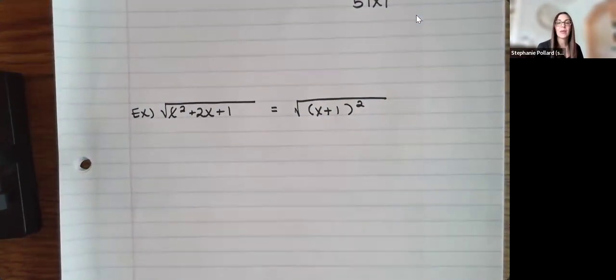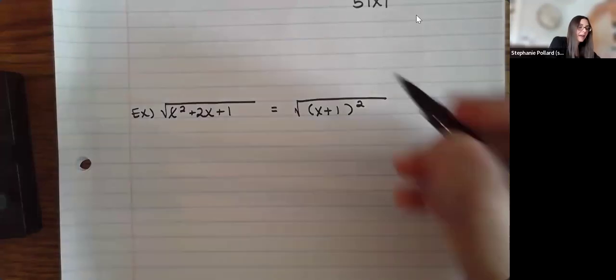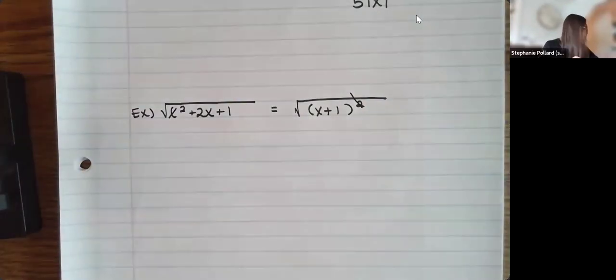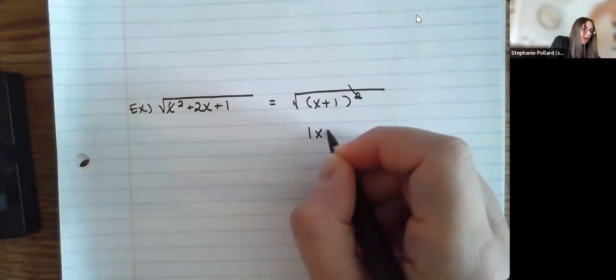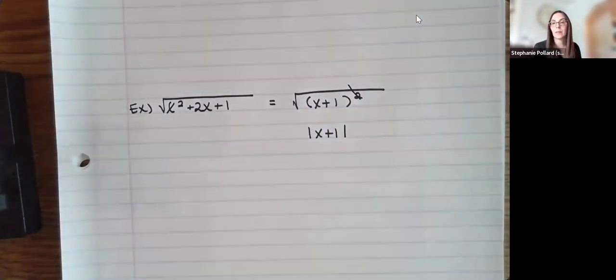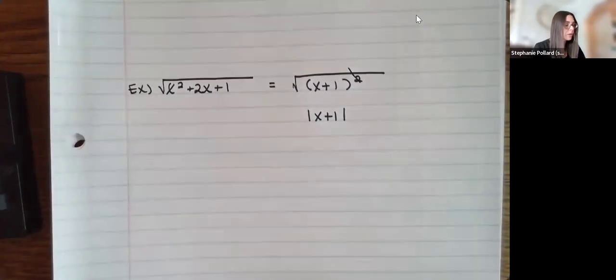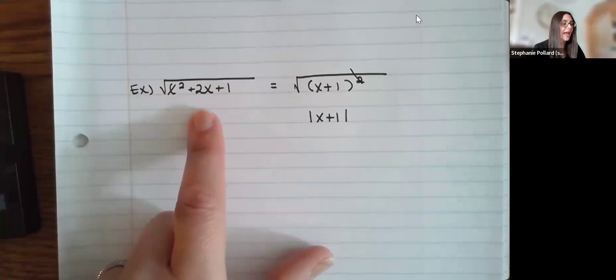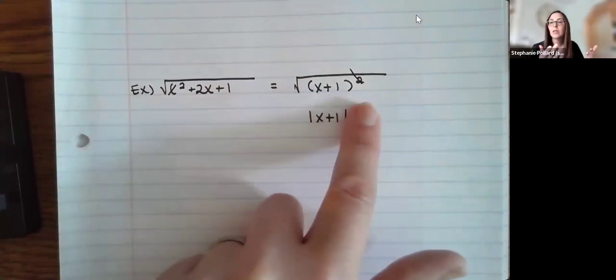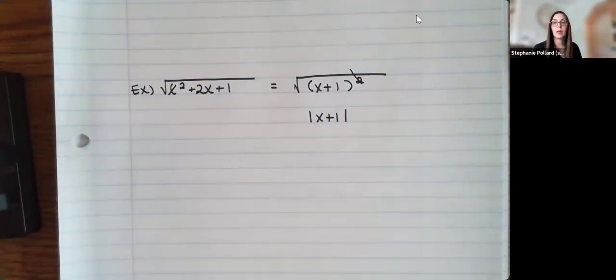So once I recognize that we can factor this, then I can see that my root and my power will cancel here. And again, just don't forget that you would have absolute value in that final answer because I don't know anything about the x here. So watch out for some of these as well. See if you can do anything further. This one happens to factor as a perfect square, so we luck out and we can simplify this example a little bit more.